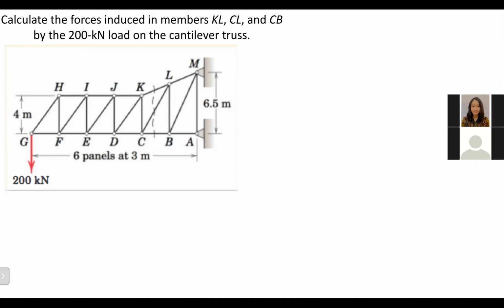If there is no zero force member, then what are you supposed to do in order for you to solve for this problem, Pastor? Where will you start, Pastor? I think, look at all the joints. Starting from G. G, correct?